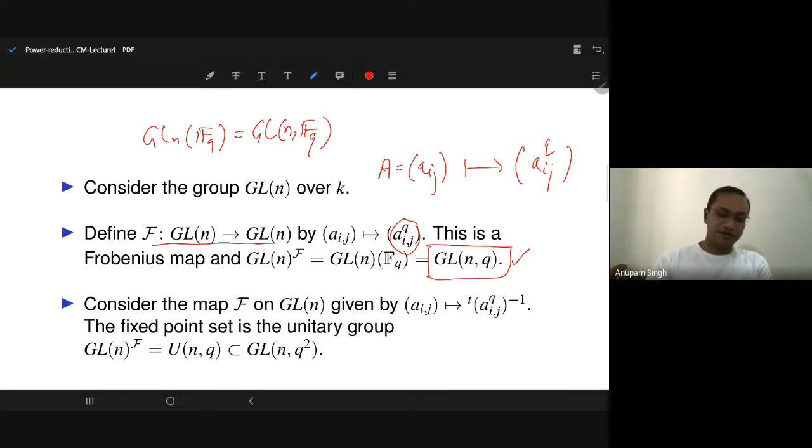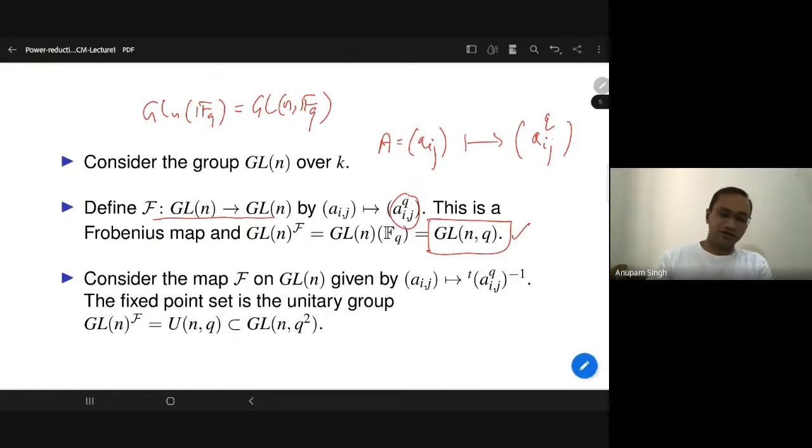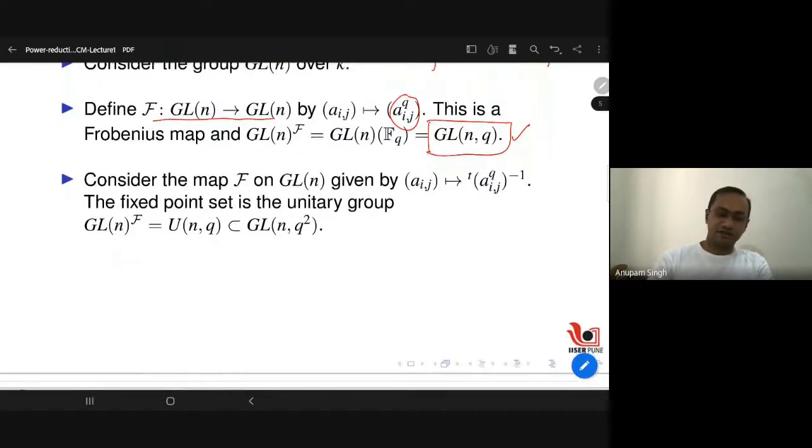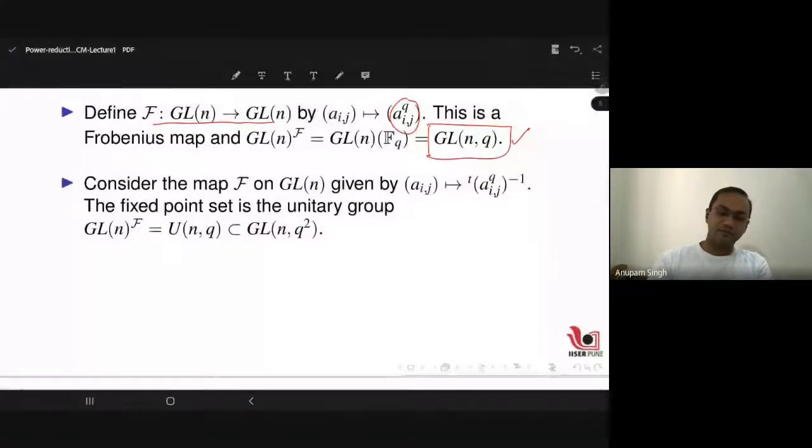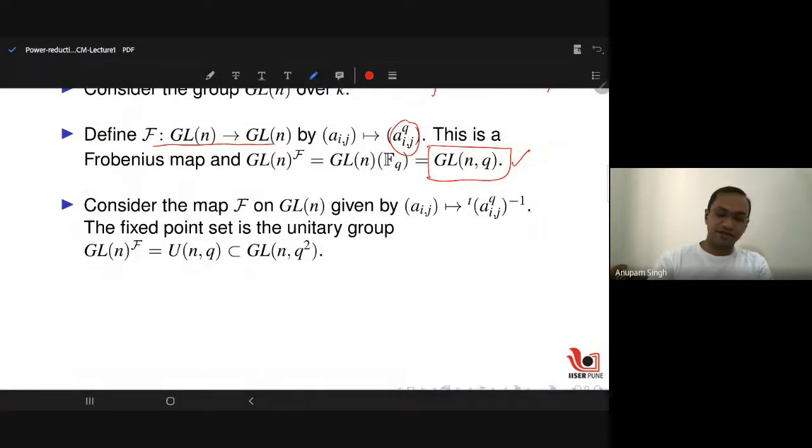Whereas if I take another map which sends the matrix A, so I raise every entry a_ij to the power q, and I look at the transpose inverse.